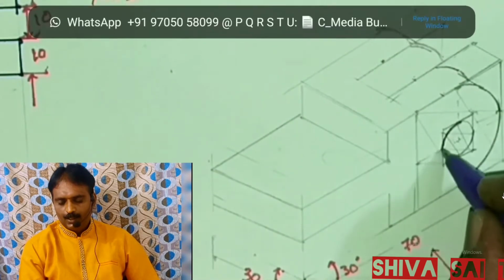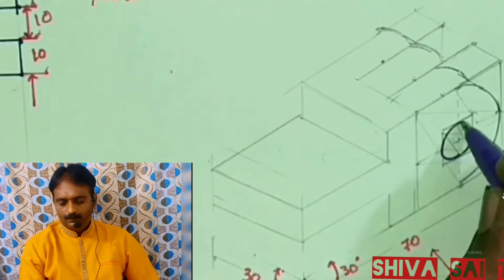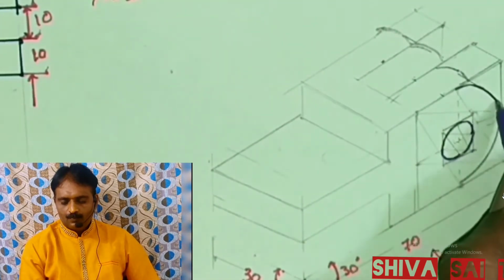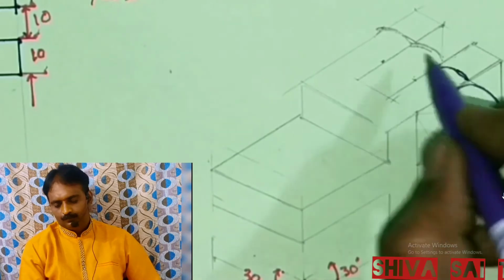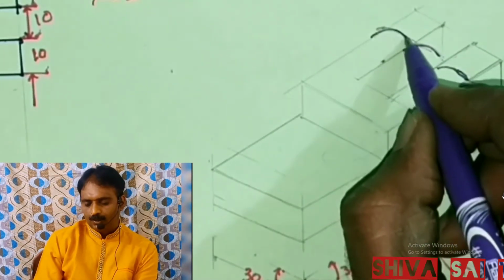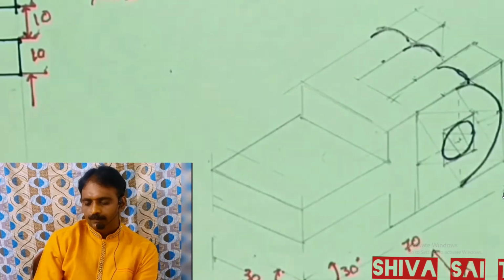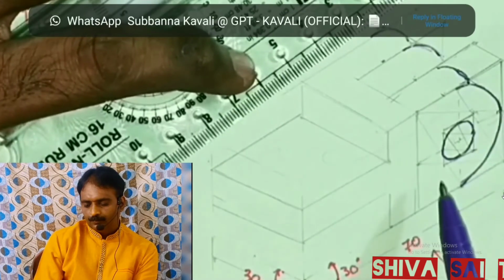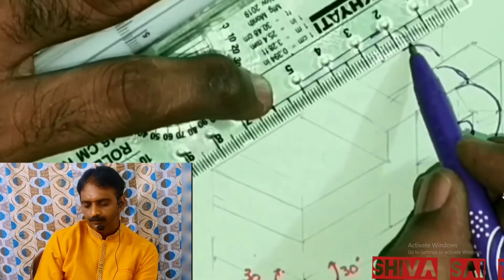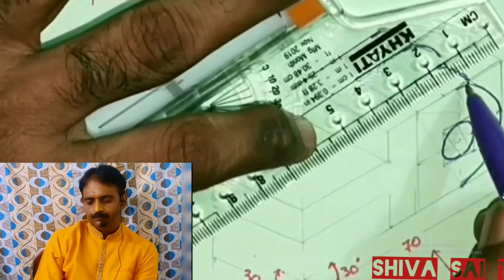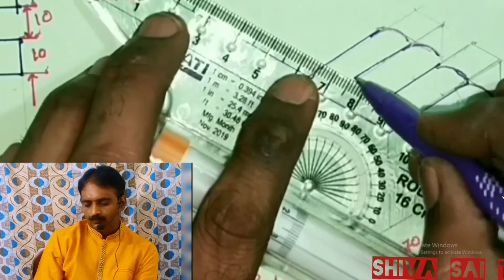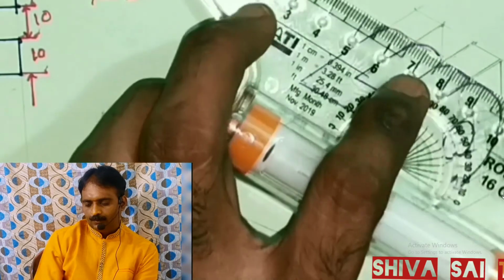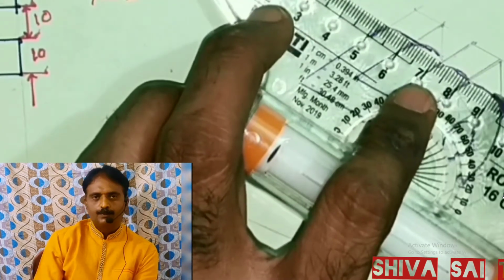So here I am making dark all these three arcs, which are to be drawn by representing the points. So we have to join them tangentially with respect to the front layer.